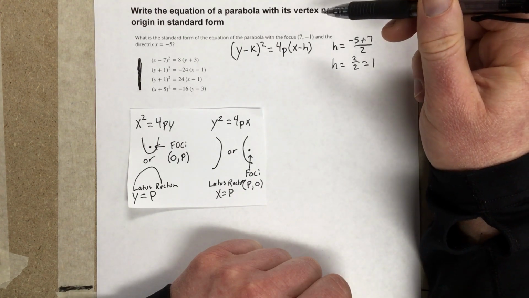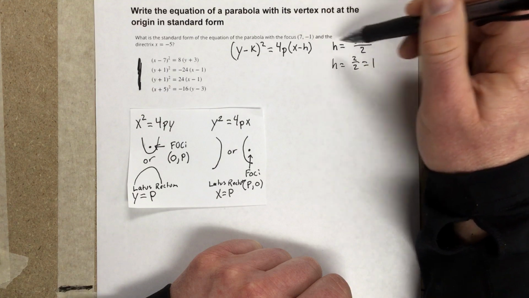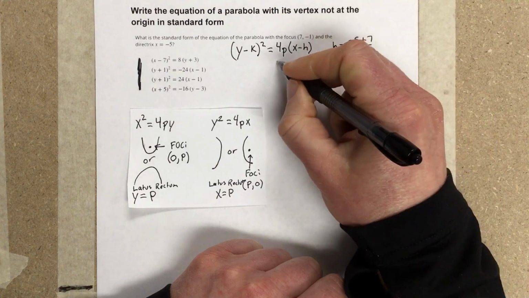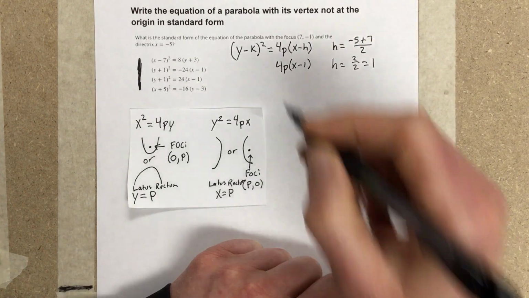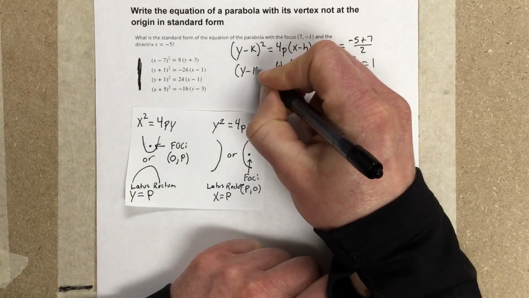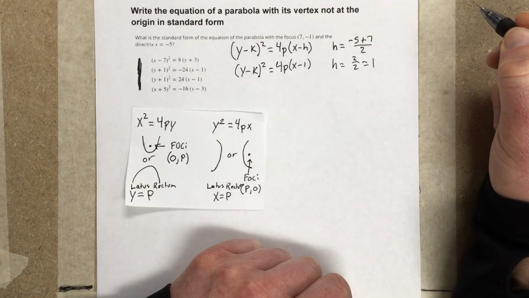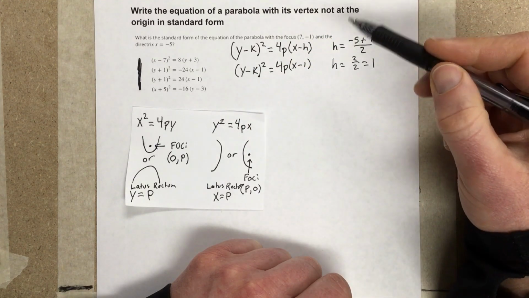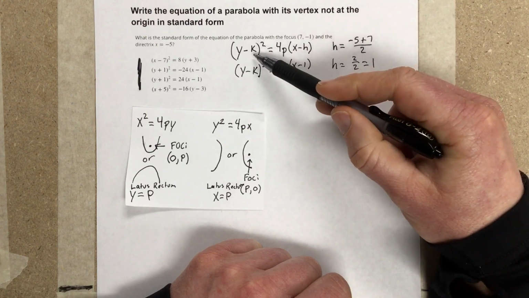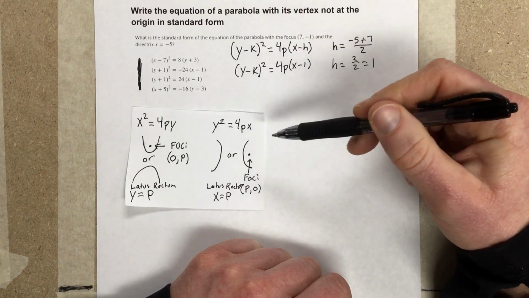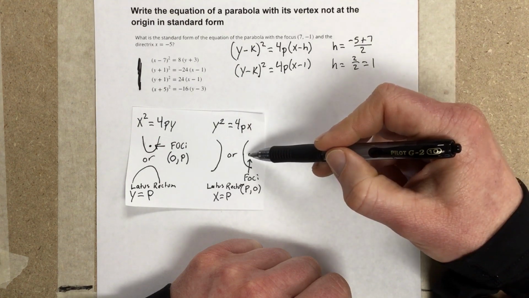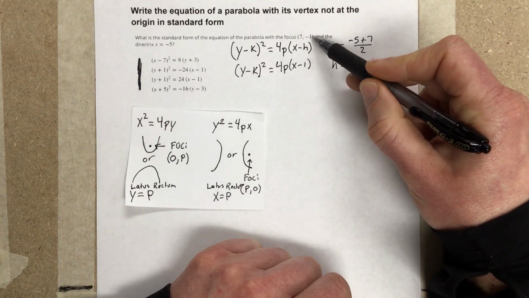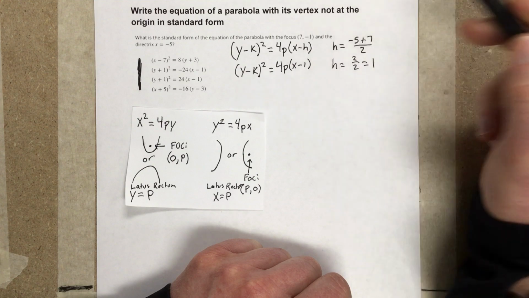So we can start plugging that in, that'd be 4p(x - 1), and then this is (y - k) squared. So how do I find the k value? We're looking for the k value of the vertex. Well, that's going to be the exact same value as the y value of the focus.